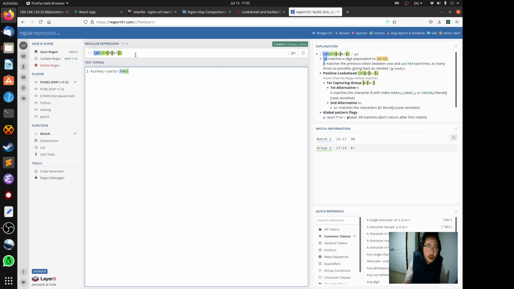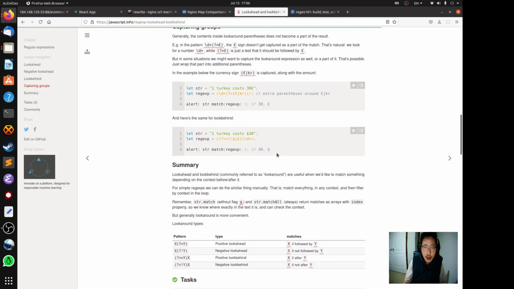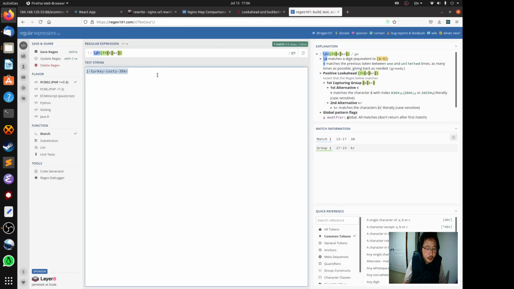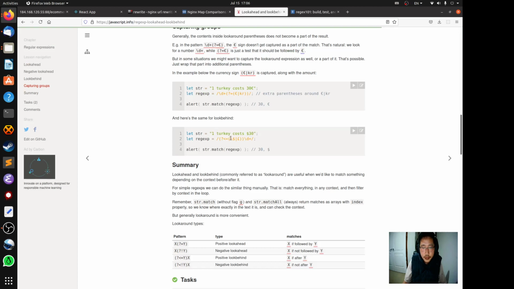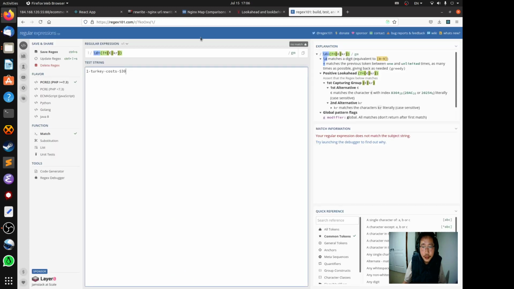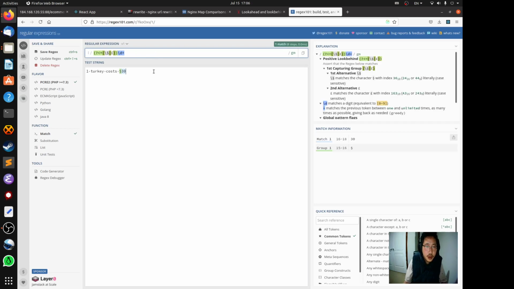If you remove the parentheses, it will not be included in the match because it is a look around. Let me go through this as well. Here there's two matches as well, $ sign and 30.